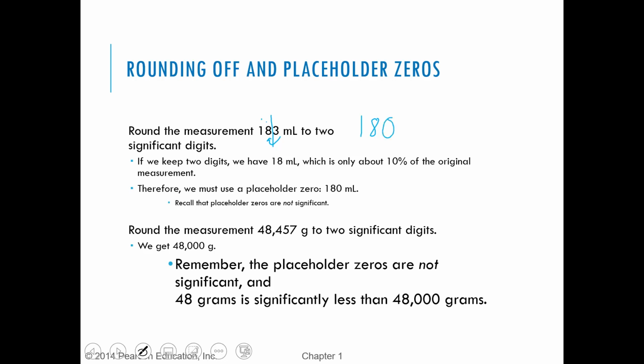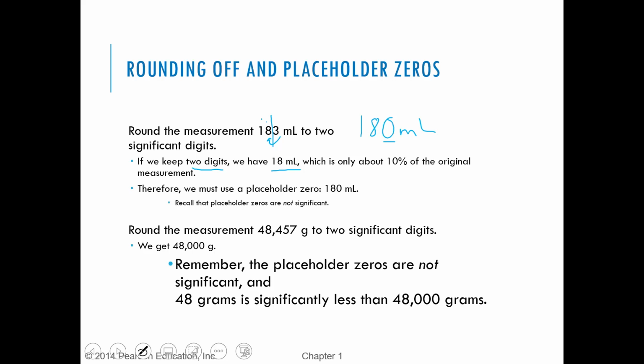I need to put a 0 in for that placeholder. That's what that was saying. You can't have, like we said, if we only kept 2 digits, 18 milliliters is only about 10% of that 183 milliliters. So you need to add that 0 as a placeholder. And remember, that's okay to do that because this is a trailing 0 to the left of the decimal. That is not a significant digit.